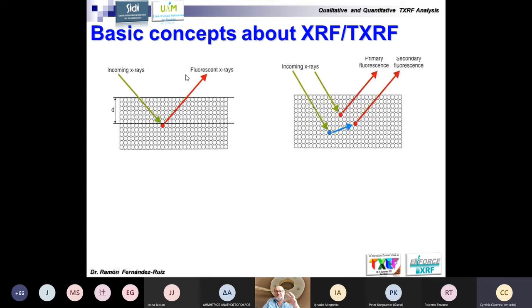That is similar to the geometry that we can obtain in TXRF. But if the travel is longer, as in the case of traditional fluorescence, the probabilities that second or third or higher interactions appear are very high, and this implies the loss of linearity in any case. So it's a very hard problem from the physical and the mathematical point of view that is solved by the Sherman equation. Okay.